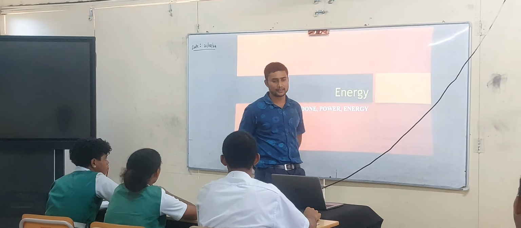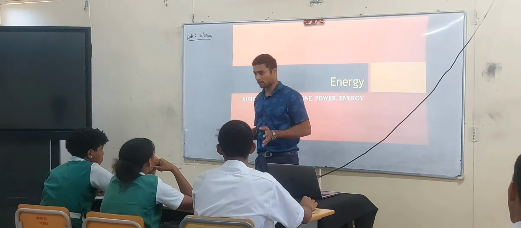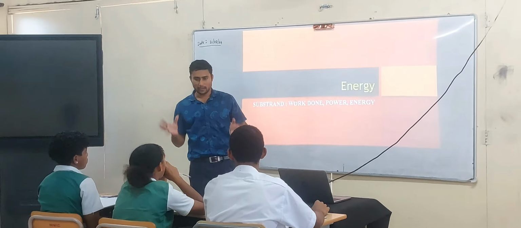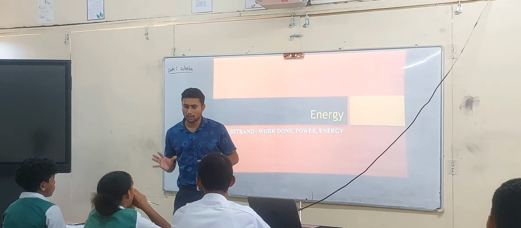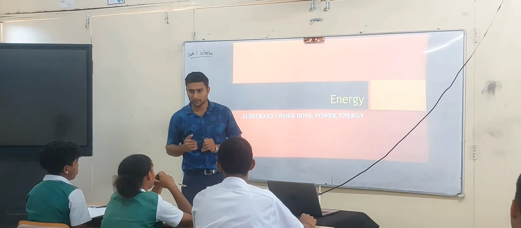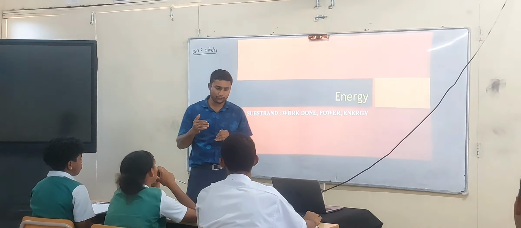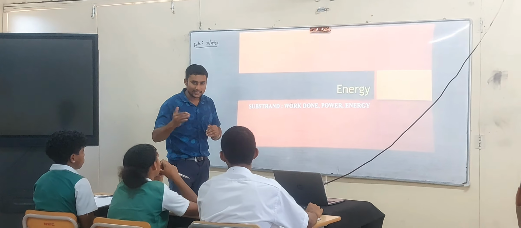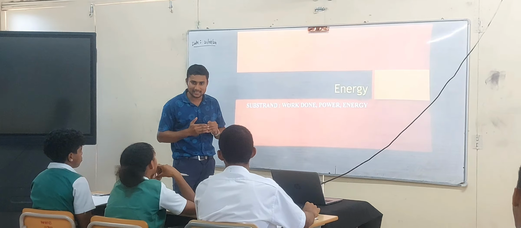Like for example, let's say a particular box, right? You have a particular box and you want to shift it from one position to the other position. If you are shifting something, that means work has been done on that particular object.